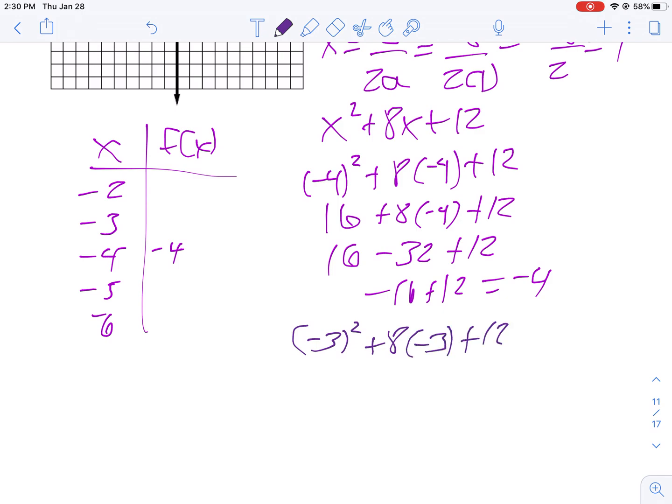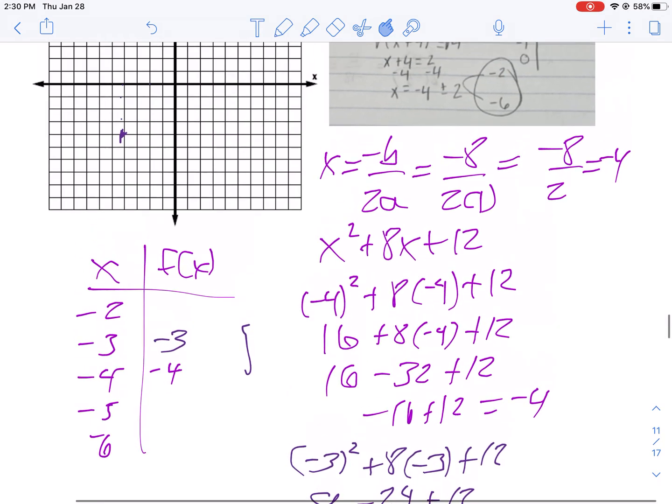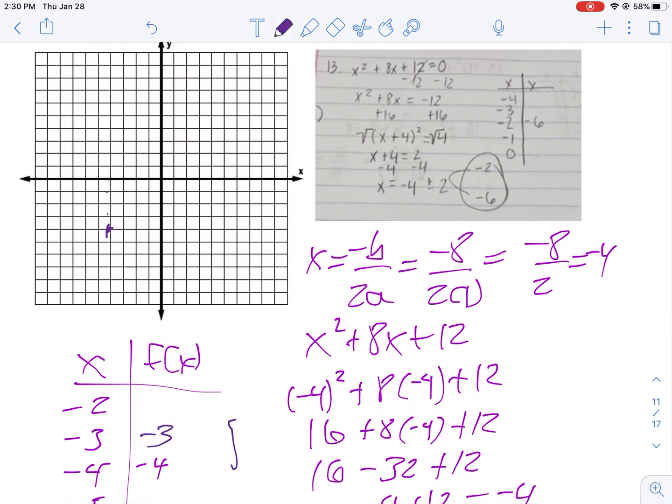Well, -3 squared is 9. 8 times -3 is -24, plus 12. Let me see. 9 plus 12 is 21. Minus 24 is -3. So when x is -3, we're going to be at -3. That's kind of weird, isn't it? So when I'm at -3, I'm at -3.